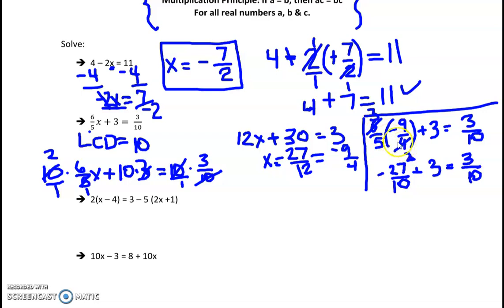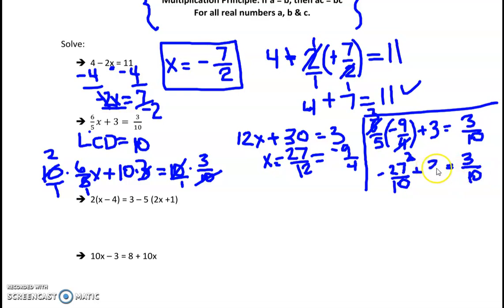When I do this multiplication, I can reduce the 6 and the 4. So I get 3 over 2, and I end up with 3 times 9, 27 over 5 times 2, which is 10. And I'm done with my check because I know if I take negative 27 over 10 plus 3, 3 is the same as 30 over 10. Oops, I didn't mean to erase that.